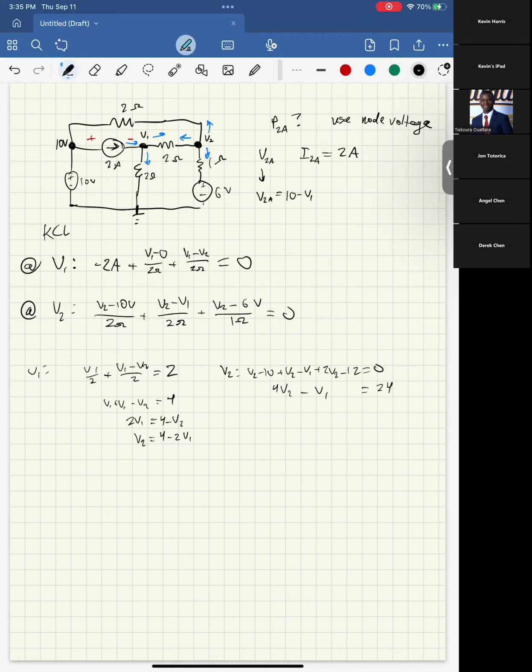Make sure, oh, I might have messed up my math somewhere. Oh yeah, that's not 24, that's 22. Oopsies. So then we have 4 times 4 minus 2V1 minus V1 equals 22.